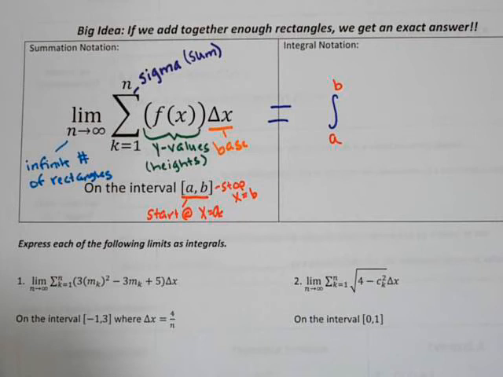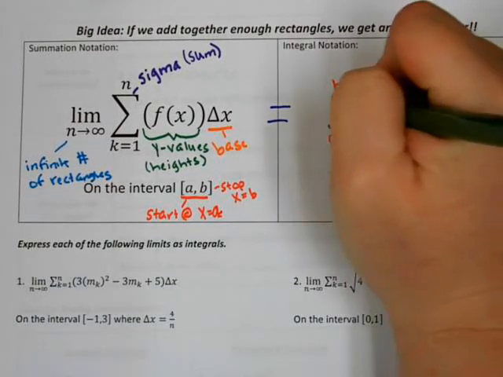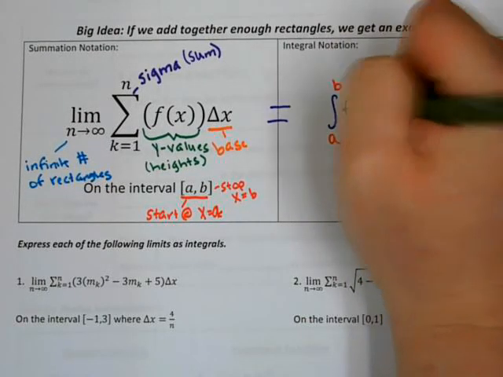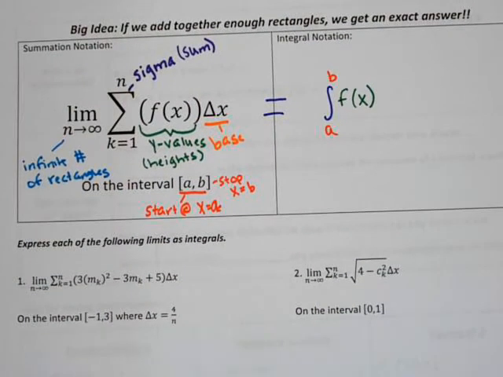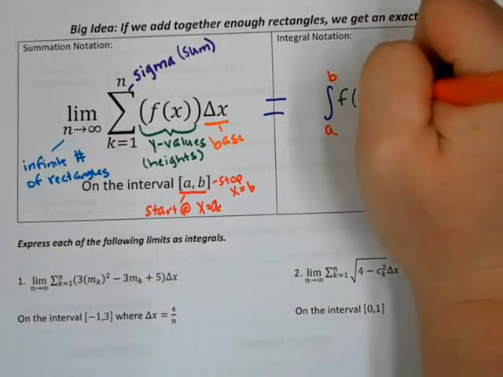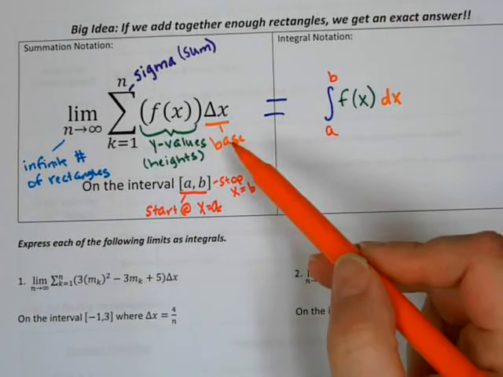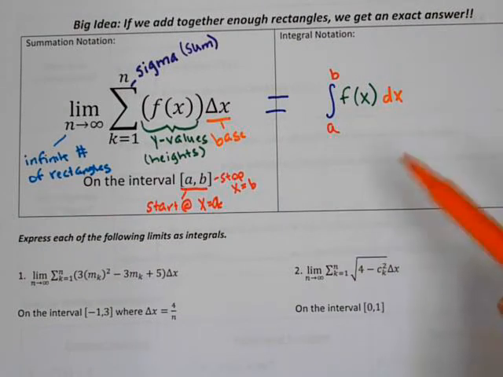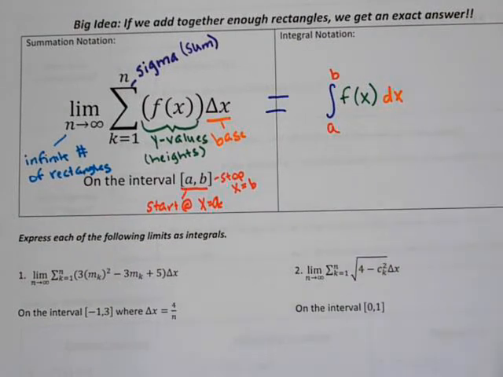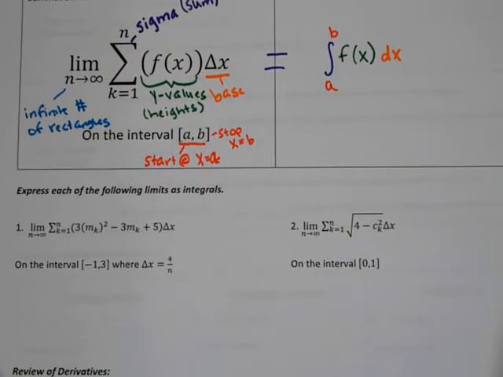Then we want our function, which in this case is f of x. And if you remember, we always need to close our integral with a dx. So anytime we see delta x, we're going to change it into a dx when we change it to integral notation. Let's look at what this is going to look like for you guys.